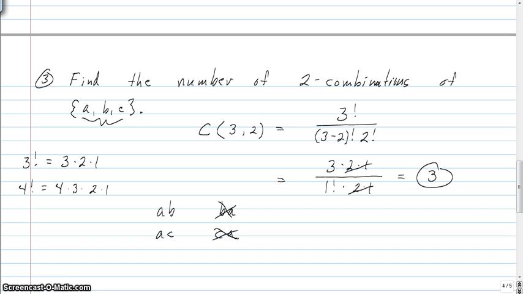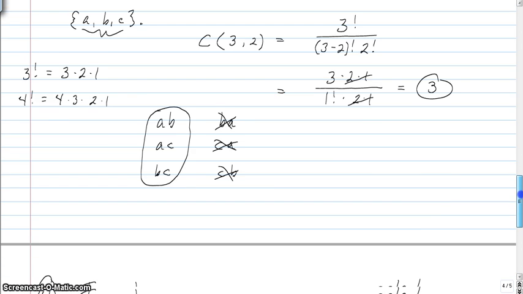Order does not make a difference. Or we can take BC, not any different from choosing CB. That doesn't matter. Order doesn't make any difference. So these are the 2 combinations out of that set of 3 letters.